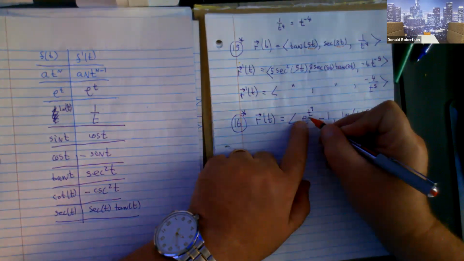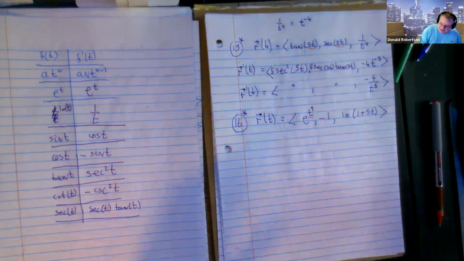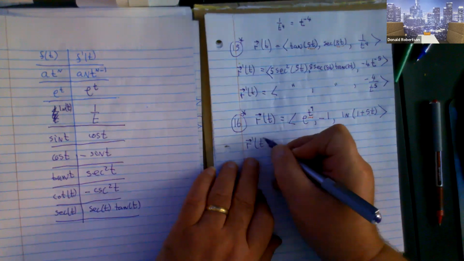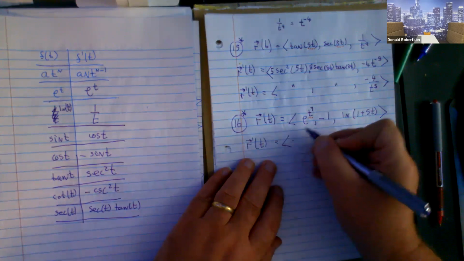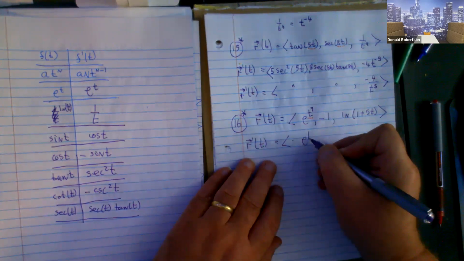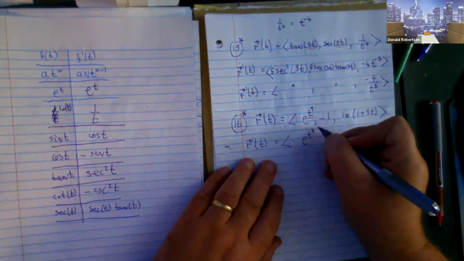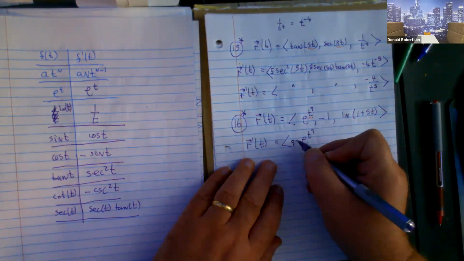This fella here is a chain rule, right? If it was e to the t, it'd be e to the t. So it's e to that guy. So the answer is, if you differentiate e to that guy, you get e to the inside function times the derivative of the inside function. And the derivative of t to the 9 is 9 times t to the 8.